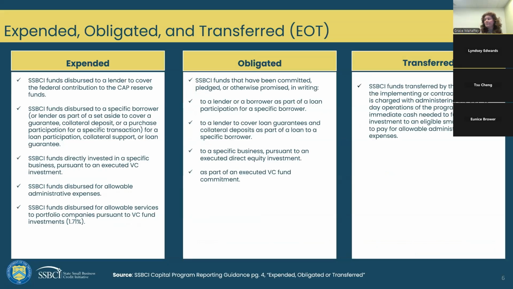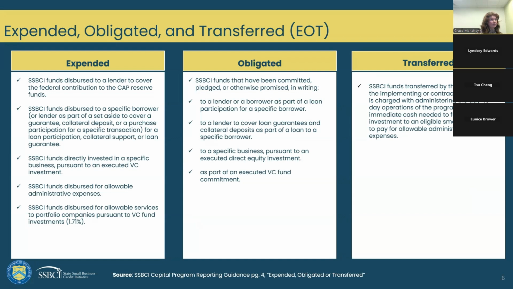In this slide, we want to go over reporting guidelines on expanded, obligated or transferred, commonly referred to as EOT. The first point I want to clarify is that for quarterly reporting, you are reporting EOT for SSBCI funds only. Private capital is not reported on the quarterly report.